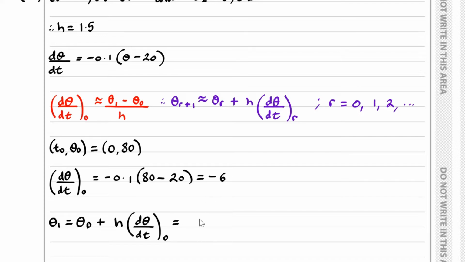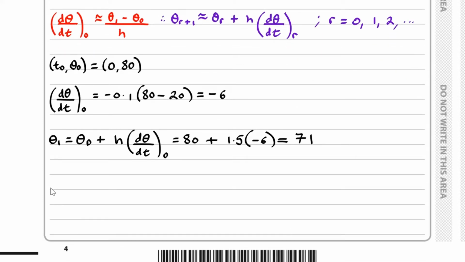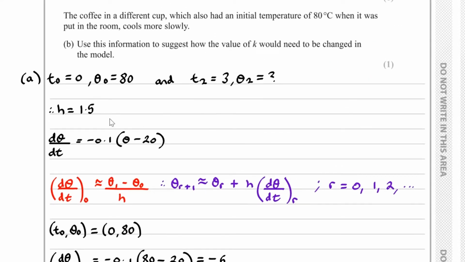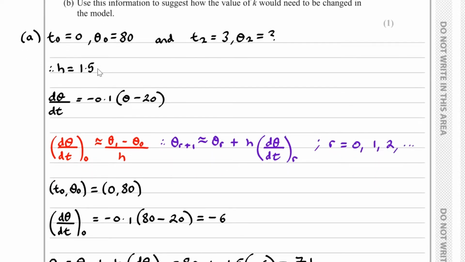So substituting in the values, we have 80 plus 1.5 lots of minus 6, and if you work this out, it turns out you get 71. Okay? And therefore, in conclusion, t1, theta 1 is equal to 1.5, 71. Remember, t1 is equal to 1.5 because we're going up in steps of 1.5. So we start off at 0, then we go to 1.5, and then we go to 3.